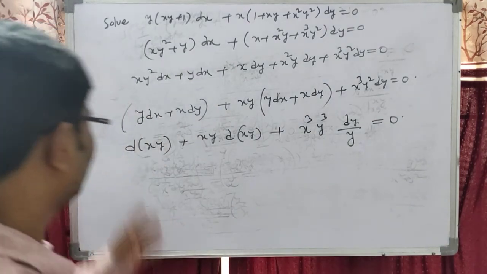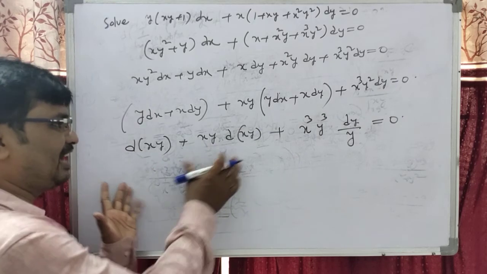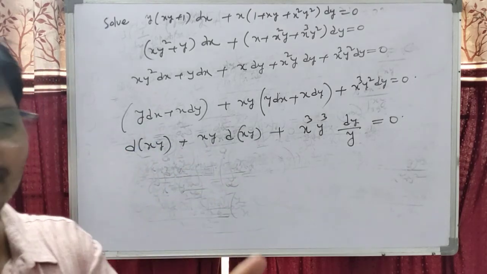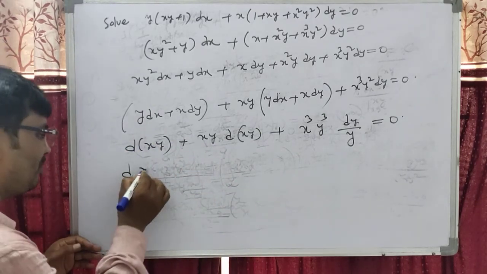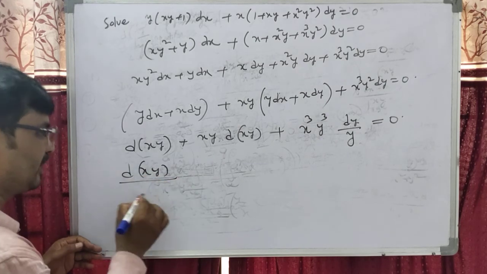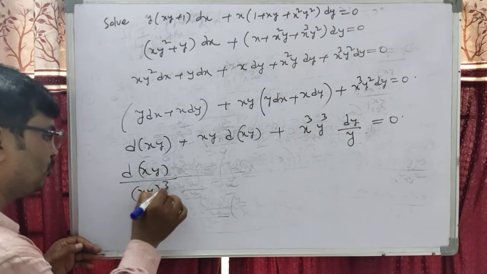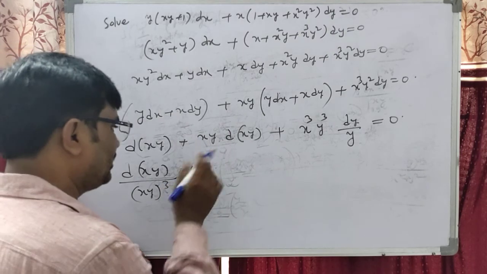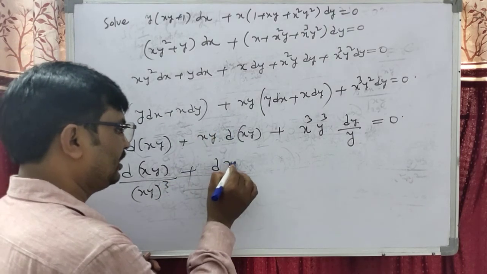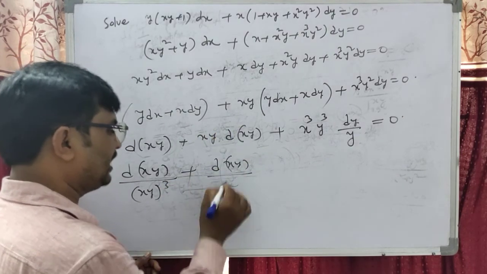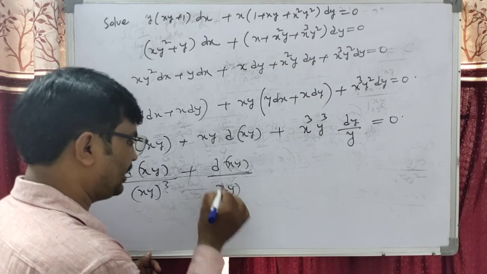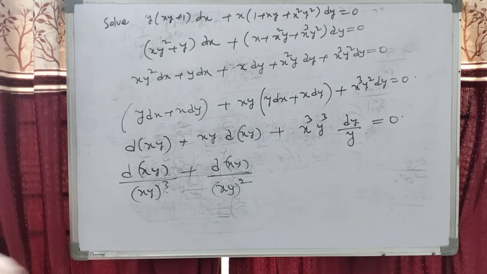My dear students, in this term and this term, every term includes xy. Therefore, you can write the derivative of xy upon xy whole cube. Now one time xy cancels, and we get xy whole square.